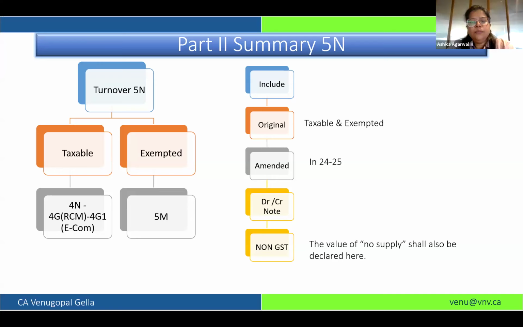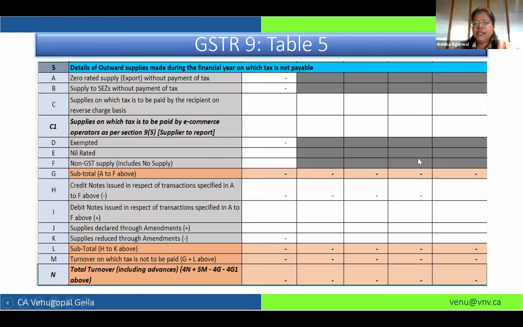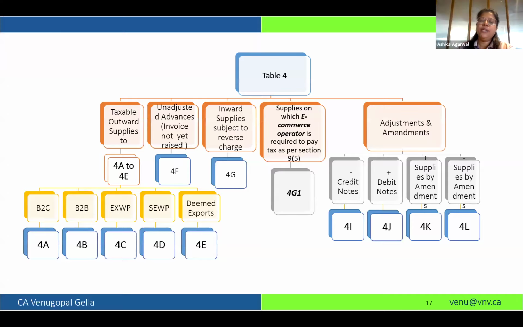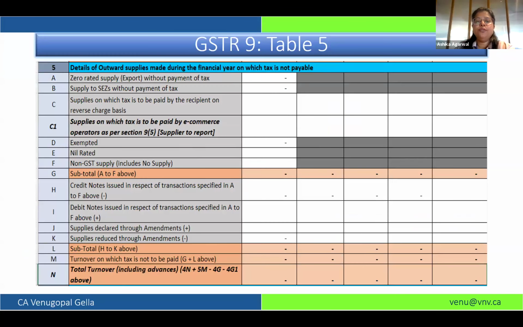Okay. In the meantime, if you have any questions, feel free to put your questions in the chat. In this, one more thing to highlight is, as we are continuously saying, there can be a case where 24-25 rectification may be done in 25-26. But while reporting table 4 or table 5, you have to take only the impact of what you have done in GSTR 1 and 3B of 24-25.